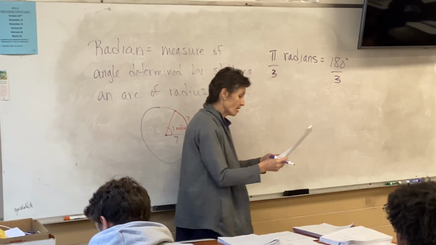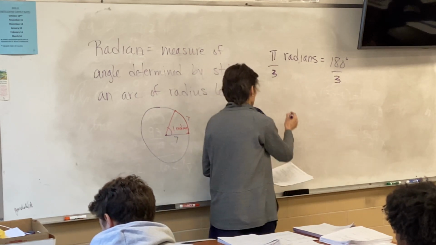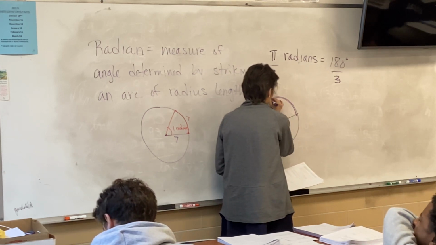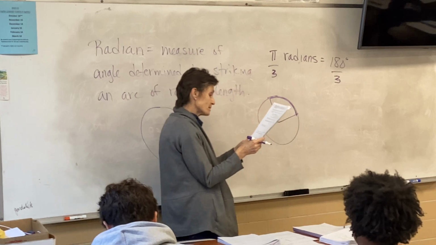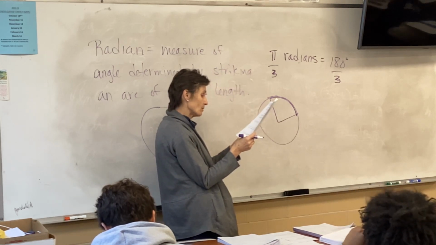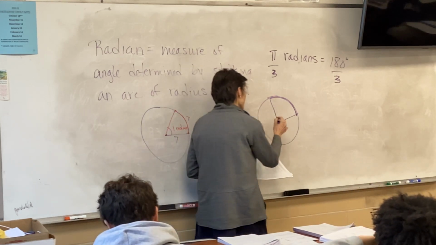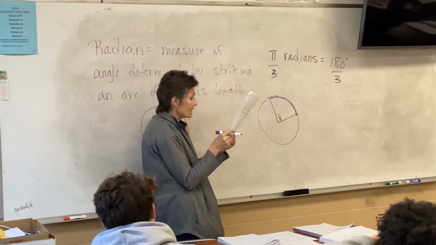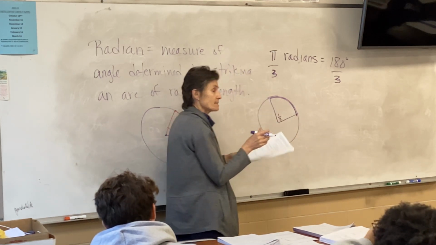Find the length of an arc. So here's a circle. Here's an arc. Right here, this is my arc, intersected by a central angle of half a radian. So this is half a radian in a circle of radius 5.